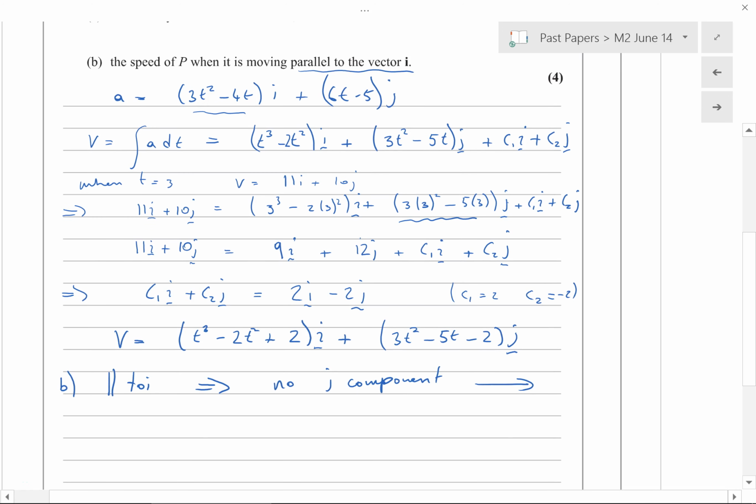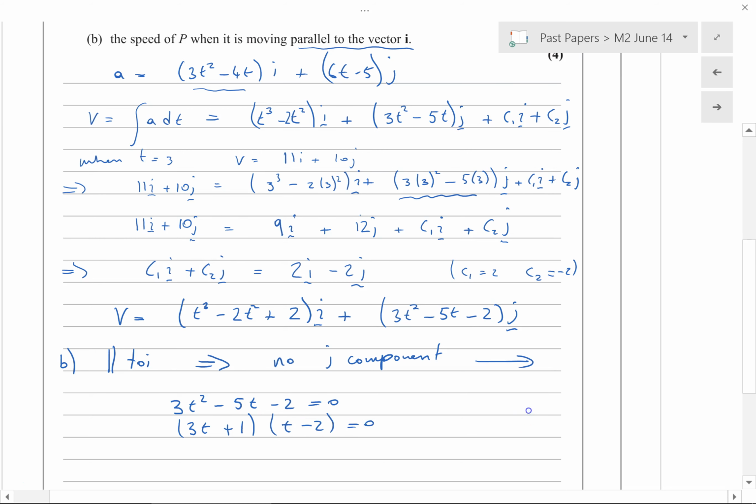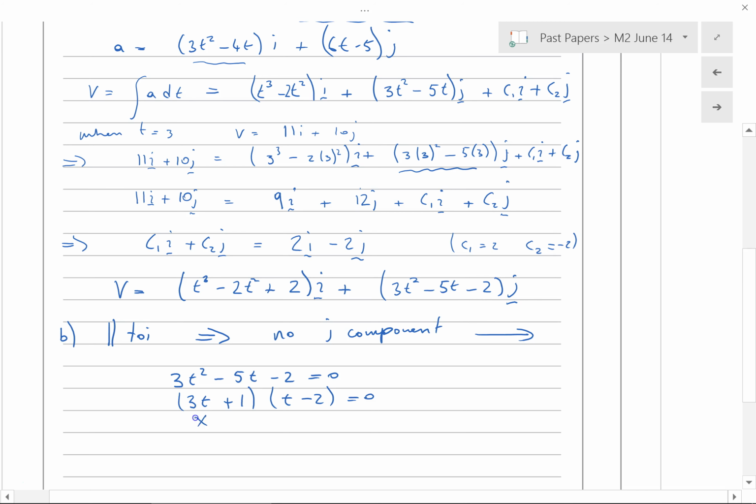So that must mean 3t squared minus 5t minus 2 equals 0. That factorizes, I believe, into 3t plus 1, t minus 2 equals 0. Obviously the negative one's not appropriate, so we're not going to consider that one, so we have t equals 2.